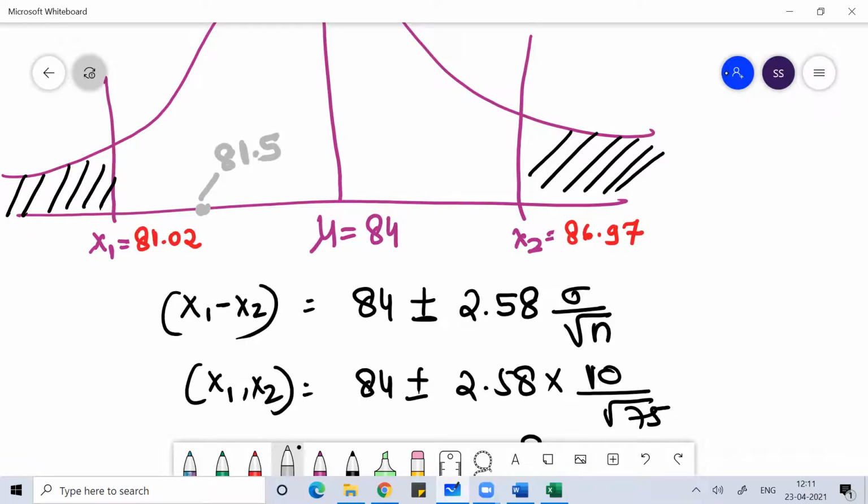Now you know that 81.5 is between 81.02 and 86.97. It means you'll accept the null hypothesis.